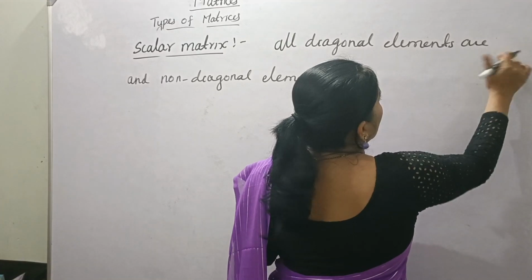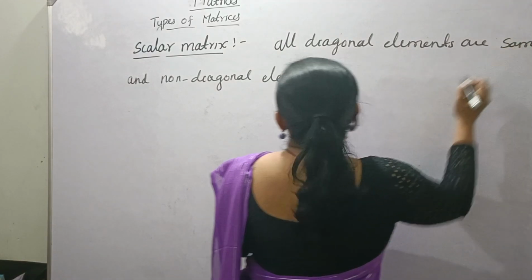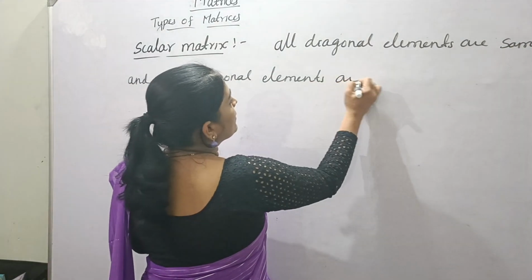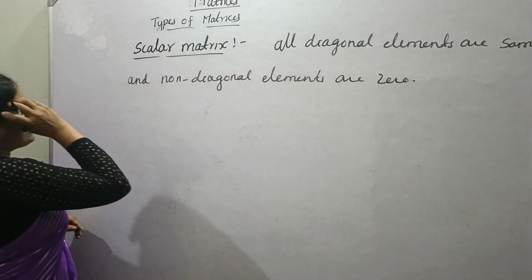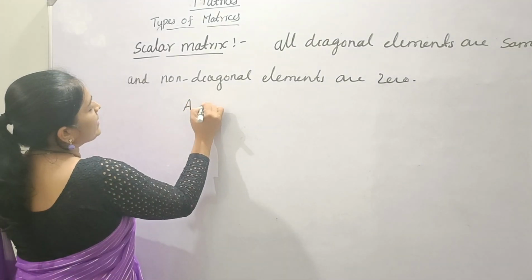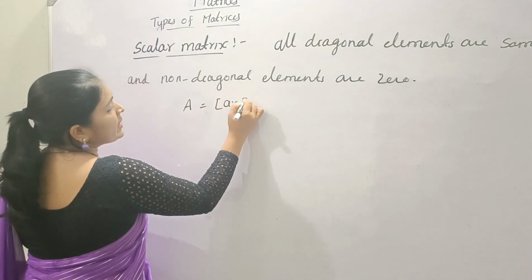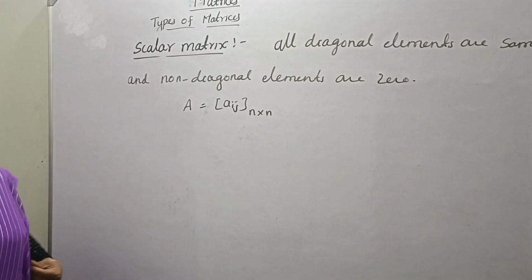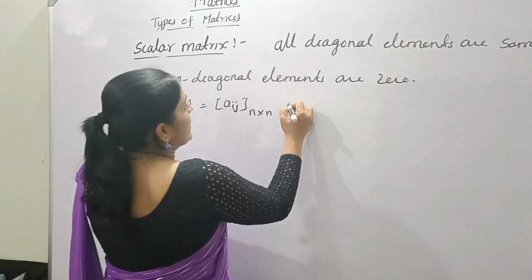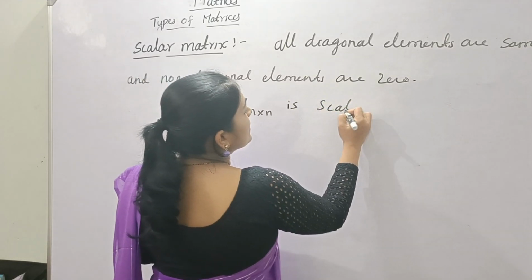That is, here we can write, let A is equal to Aij, a square matrix of order n. Then it is a scalar matrix.